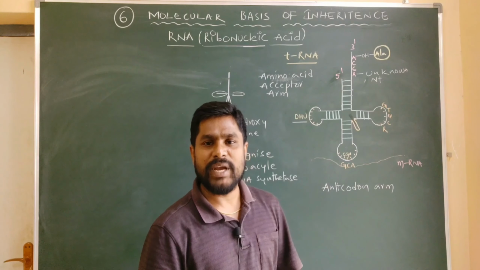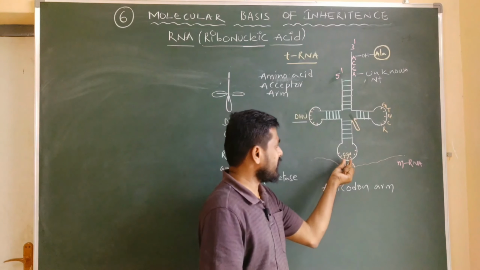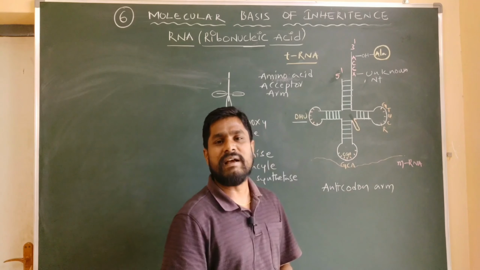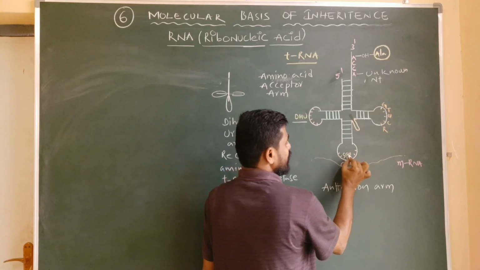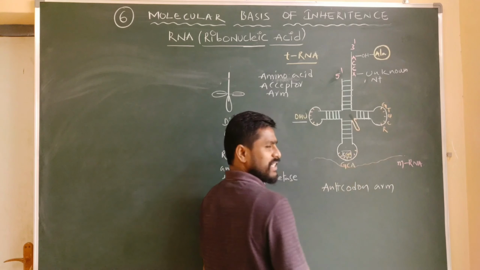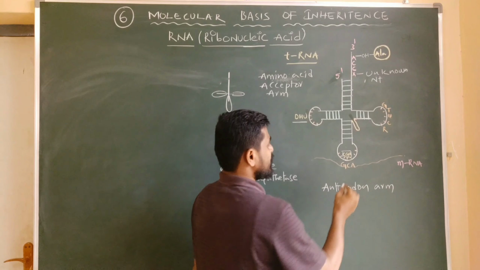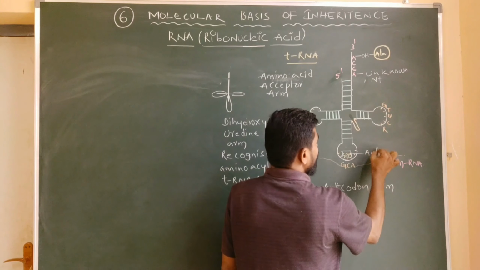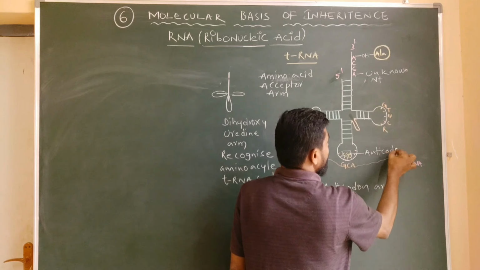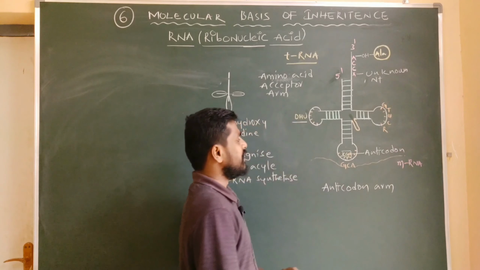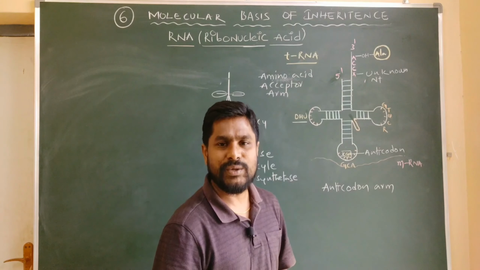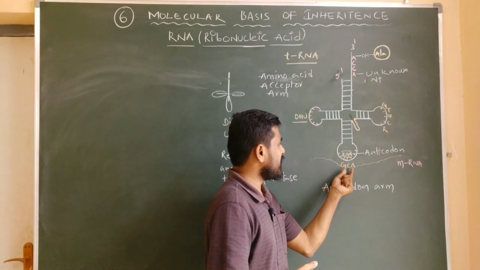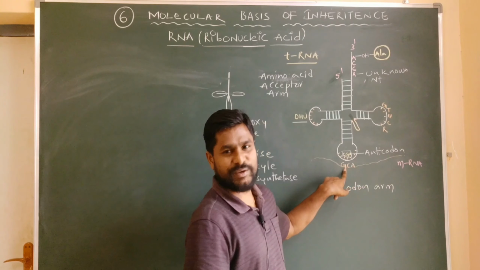Among the 7 unpaired nucleotides, the central 3 represent the anticodon. Say this is CGU. Anticodon means these 3 nucleotides are complementary to the triplet codon present on the mRNA molecule.